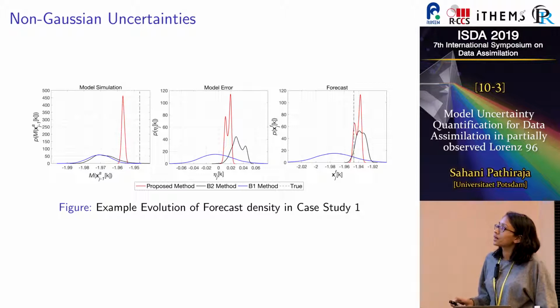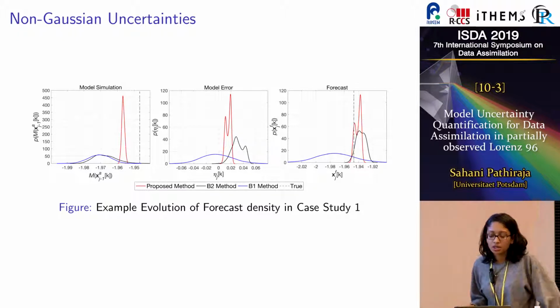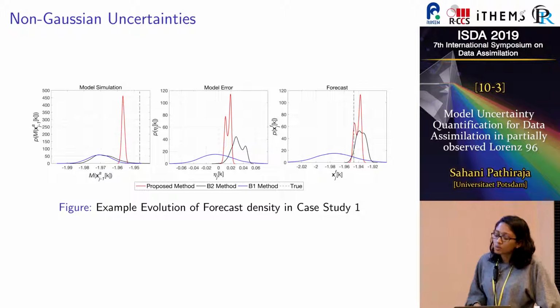So the red is from the proposed approach, and you can see that by resolving these bimodes, you get a much better forecast, particularly in comparison to the analysis increment type approach, which requires a Gaussian with a much larger variance in order to prevent divergence or drift of the hidden variables.